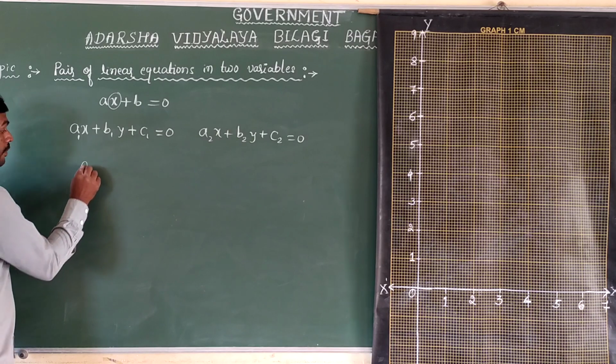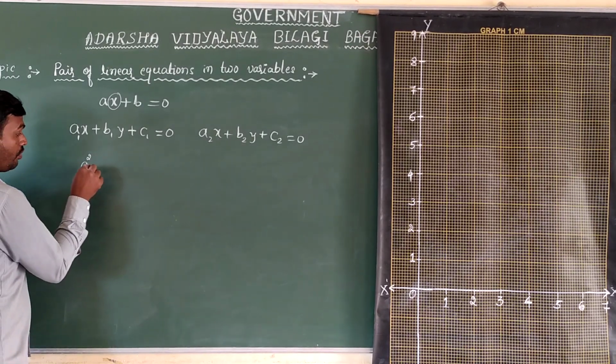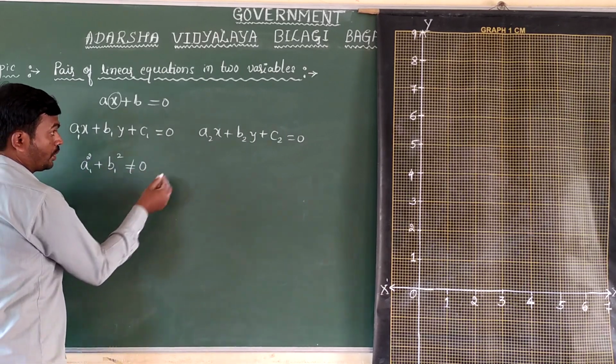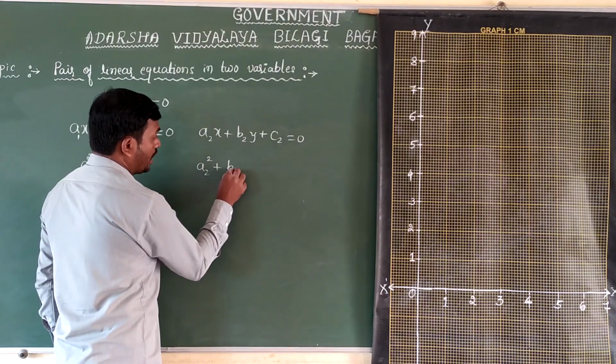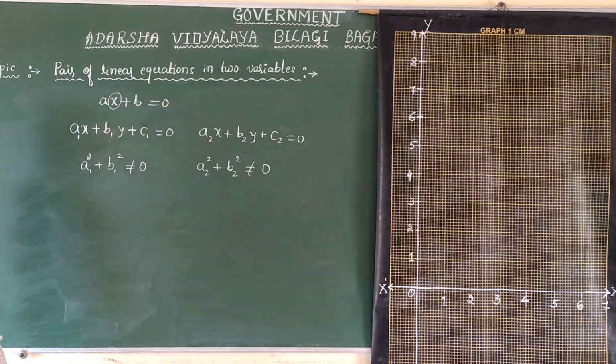If we take the sum of the squares of the coefficients of both the variables, a1 square plus b1 square must not be equal to 0, and the same here, a2 square plus b2 square must not be equal to 0.